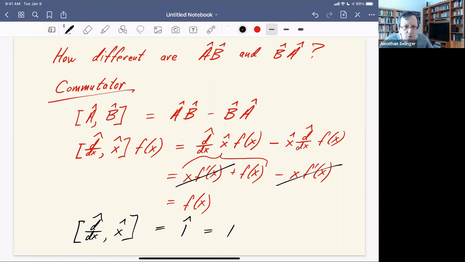A really common mistake that students make is to leave off that step of having something operate on a test function, because students often think that they can figure out a commutator just by doing it in their head. That's not a good idea.